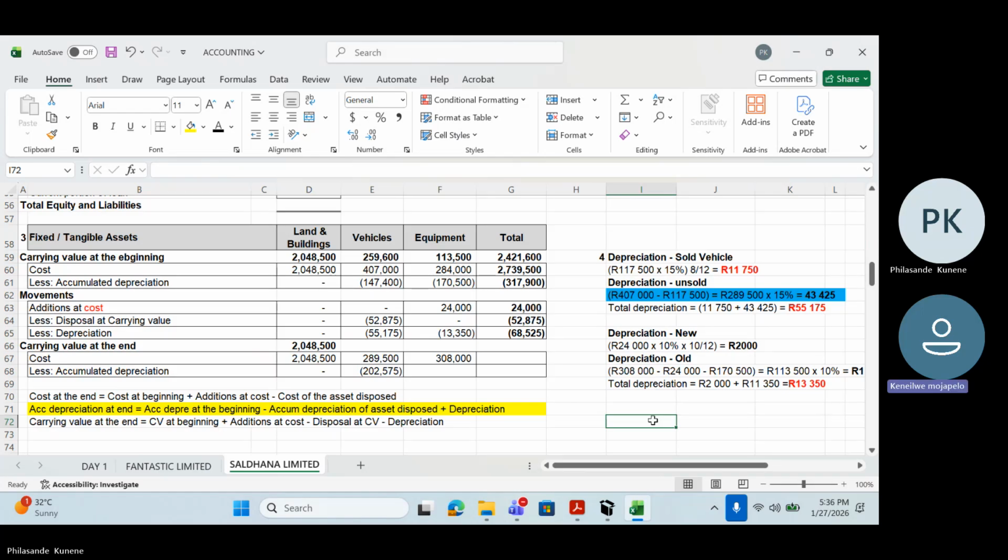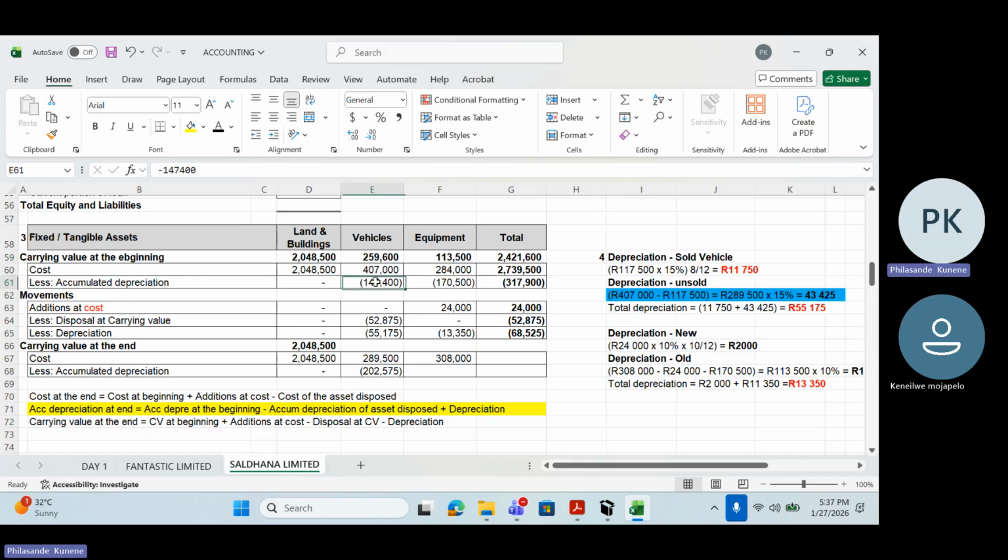Accumulated depreciation at the beginning, minus accumulated depreciation of asset disposed, plus depreciation. Did you subtract the one of the asset disposed? You did not. That's why 202 is not correct, because you only considered the accumulated depreciation at the beginning plus depreciation.